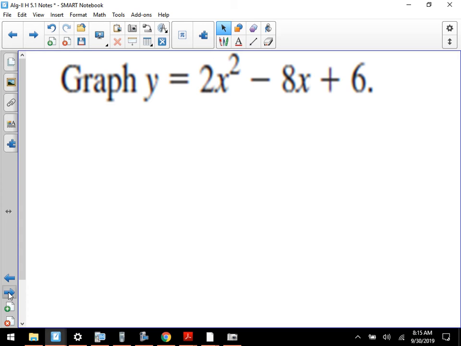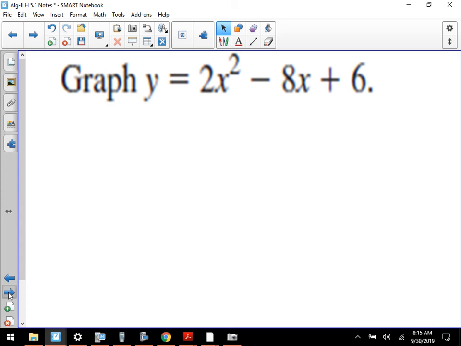Same idea. It's in standard form. We have y equals 2x squared minus 8x plus 6. First thing I want you guys to do is always label A, B, and C, and then tell what direction it's going to go.